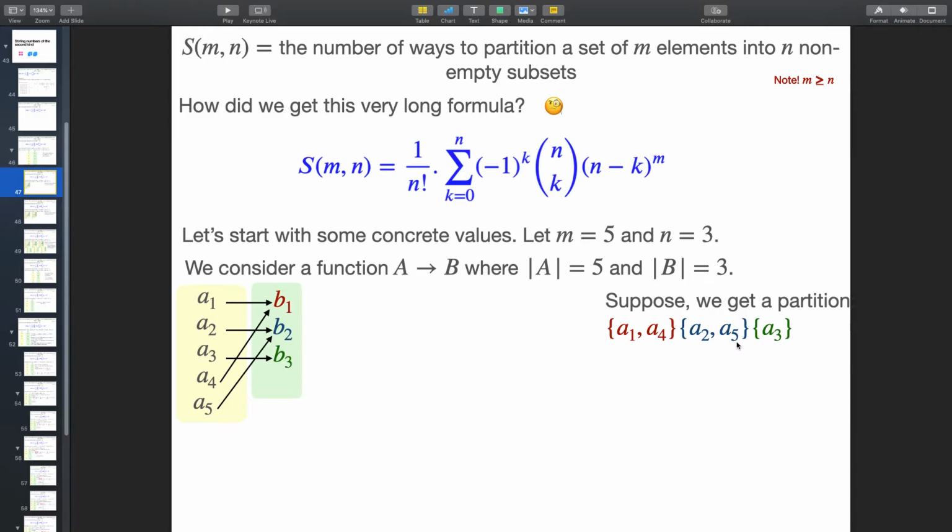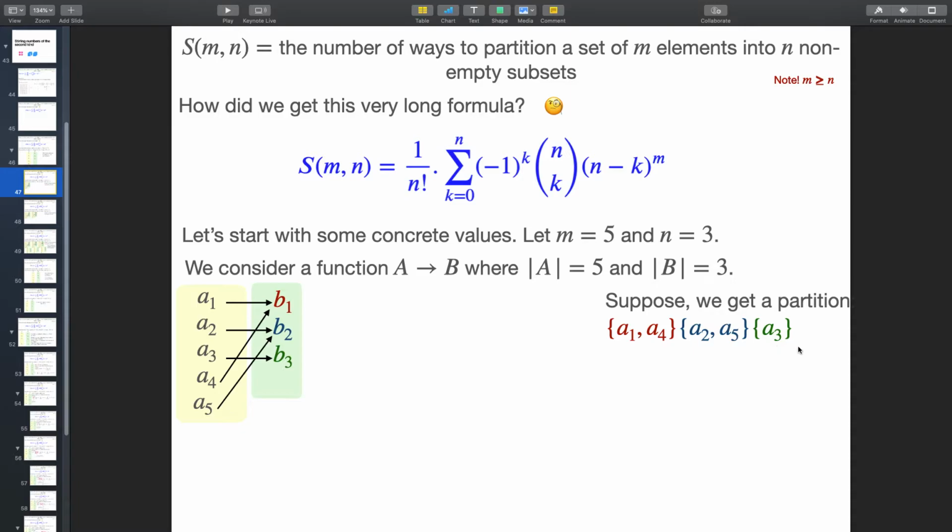Tama? And then, we can associate the subset containing A sub 2 and A sub 5 to, let's say, B sub 2. And then, the subset containing A sub 3 will be associated to B sub 3. Right?